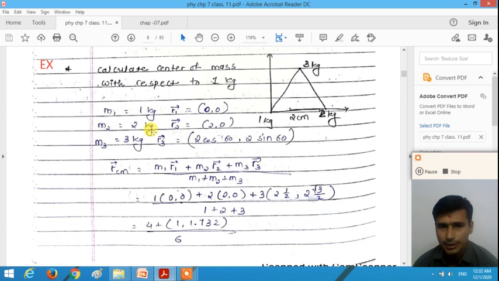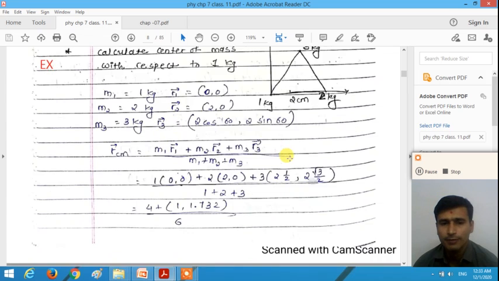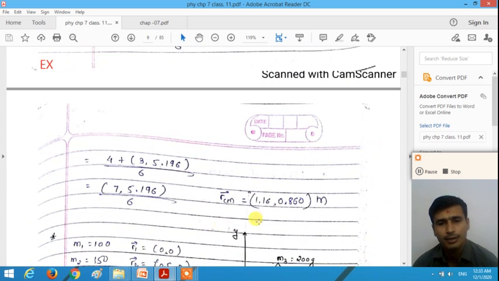For m2, 2 kg, r2: the side of the equilateral triangle is 2 centimeter, so the x coordinate is 2 and the y coordinate is 0. For m3, r3 is 2 cos 60, 2 sin 60. Put in all the values and calculate the center of mass, right?